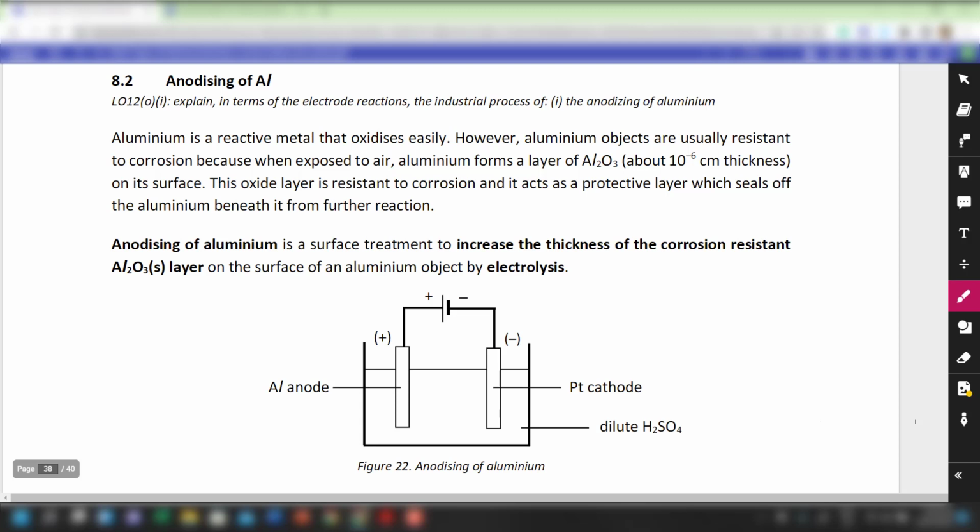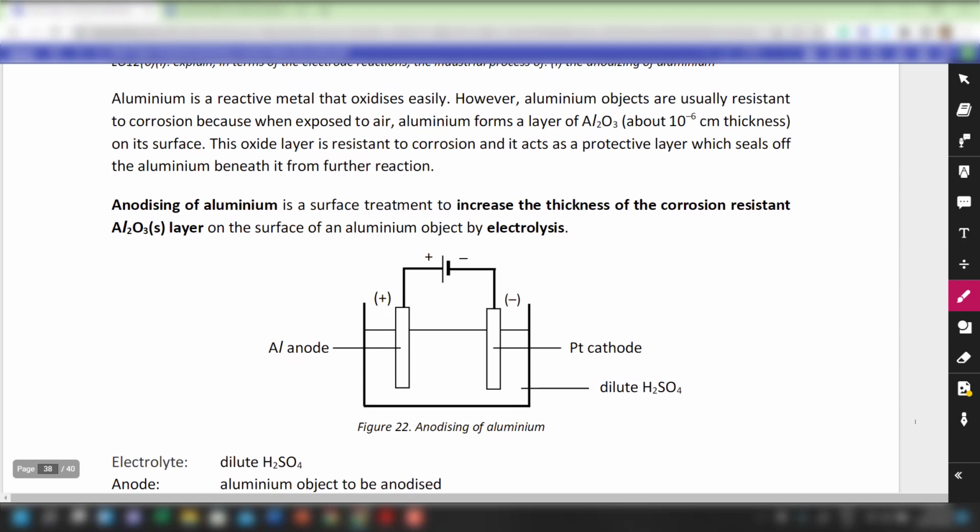Okay, and in the process, we want to ensure that the thickness of the aluminium oxide increases, so that it will make the aluminium more resistant to further corrosion, or resistant to any form of corrosion, to the best of our ability.